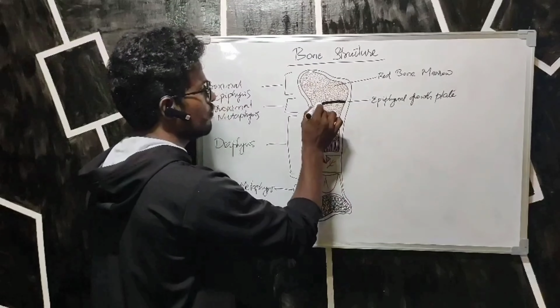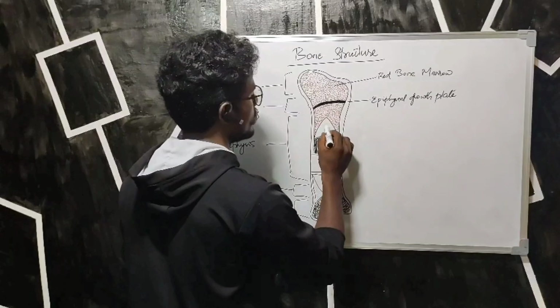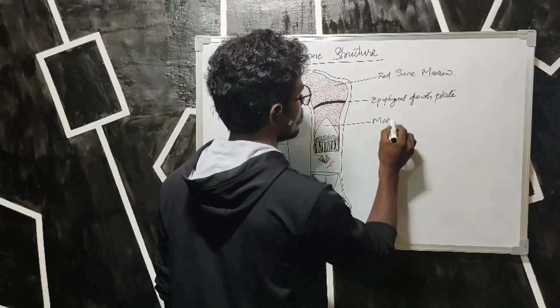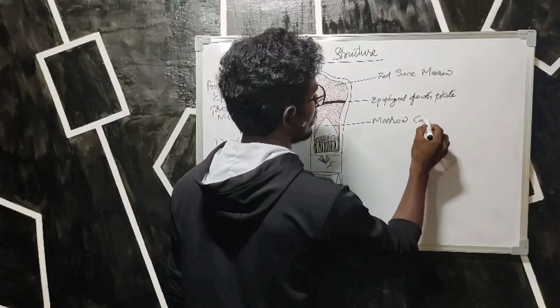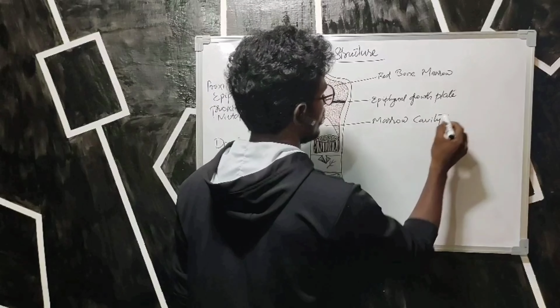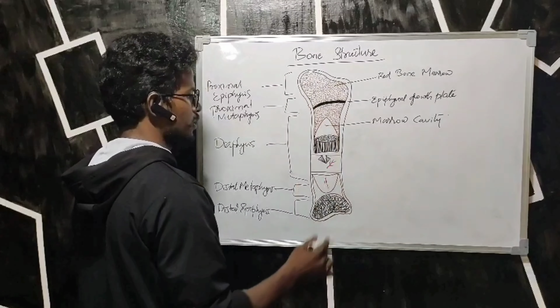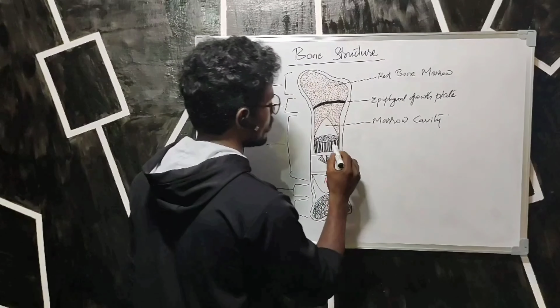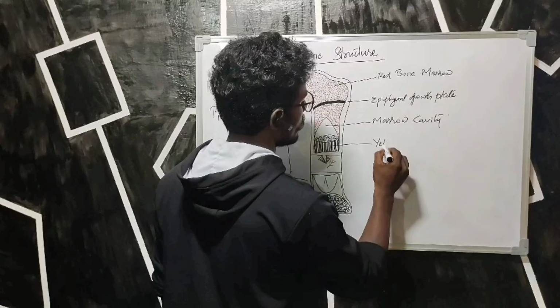This is responsible for your bone growth. This is the marrow cavity. I will talk in detail about all these structures. This is your yellow bone marrow.